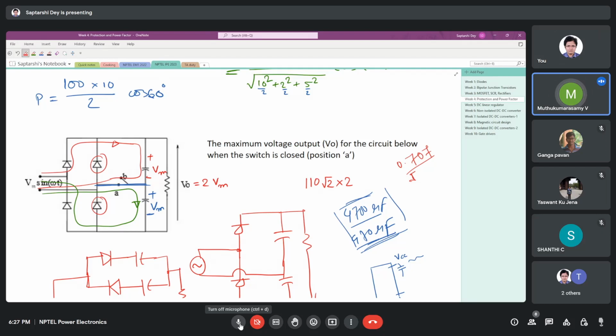To get 0.707 out of it, you would need really small capacitors, or maybe a very large load. Large load means low value of R. But since nothing is mentioned, we can always take it as huge capacitors.